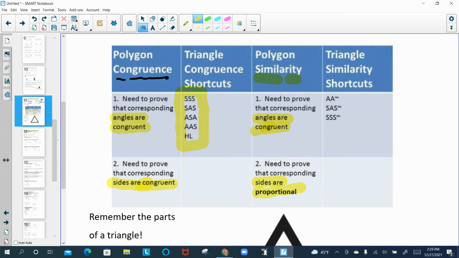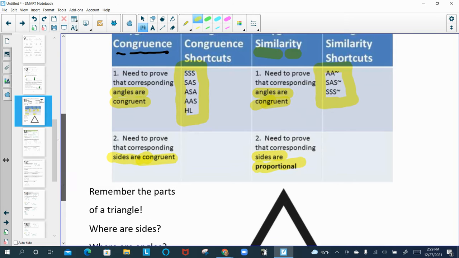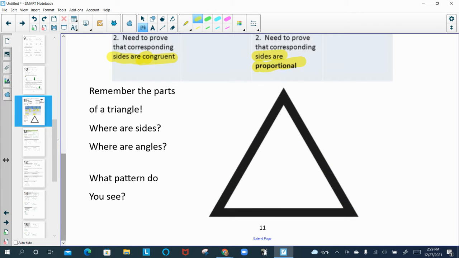Well, for similar triangles, we only have 3 shortcuts: angle-angle, which we did not have, side-angle-side, and side-side-side, which we did have under triangle congruence. So you'll see some things that are the same and things that are different. I think we're good with this part because we've already covered congruent triangles.